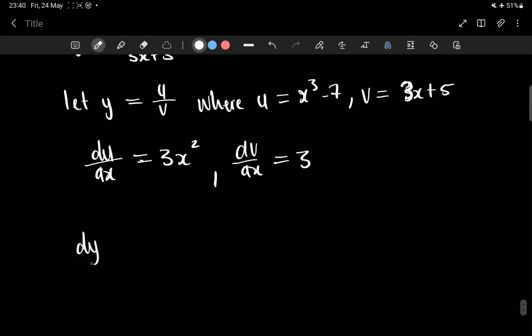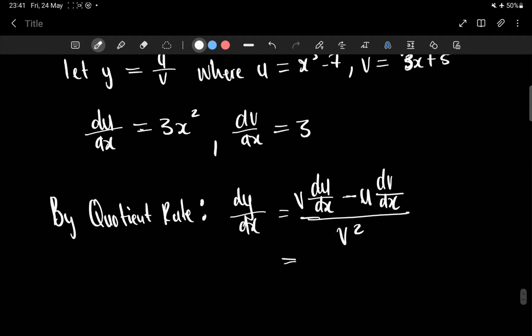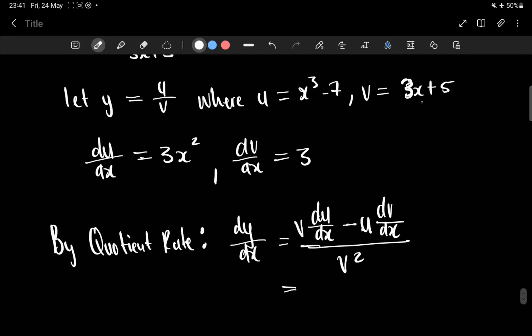So by the quotient rule, dy dx is equal to low, which is v, times d high, du dx, minus high, u, times d low, dv dx, the derivative of the bottom, over square the bottom, v squared. What is my v? My v is 3x plus 5.